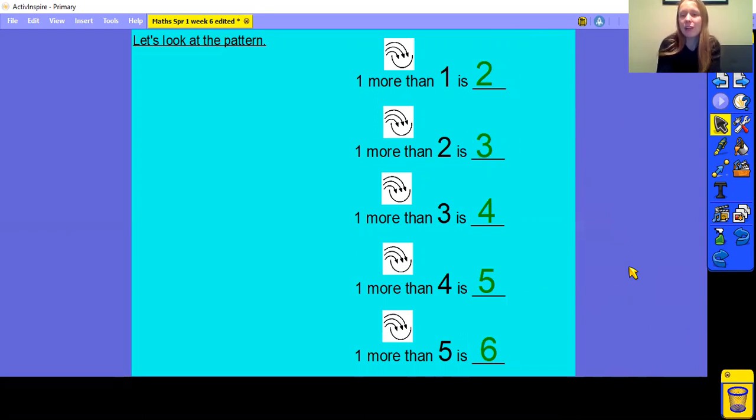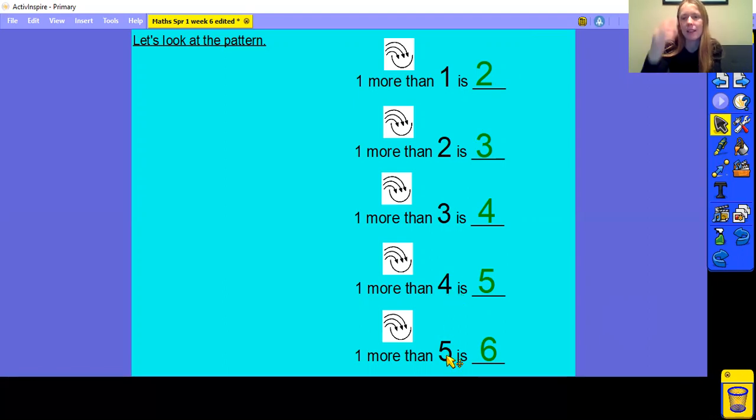Now, if I look really carefully at these numbers, I can see a pattern. I'm going to read the numbers going down. The first number that I'm going to look at is this one, the first number that we started with when we worked out how many we had. Now, here I have 1, 2, 3, 4, 5.